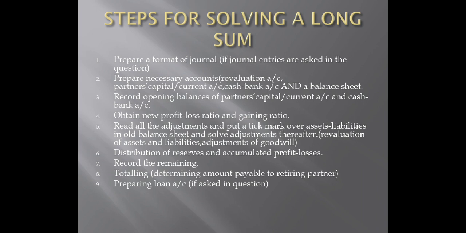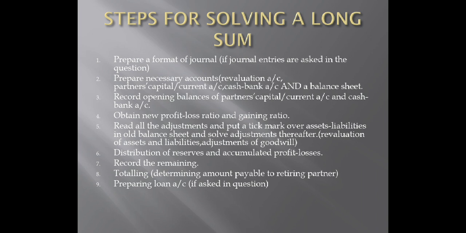So once you have prepared the necessary accounts, meaning you have drawn them, after that you are going to write the opening balances. You will be writing opening balances of partners' capital and current account and cash and bank account. This is your third step.